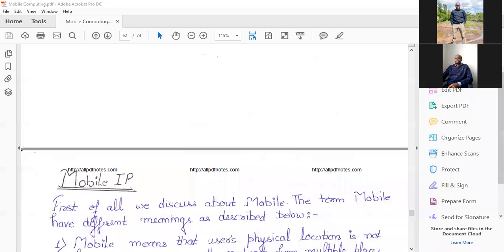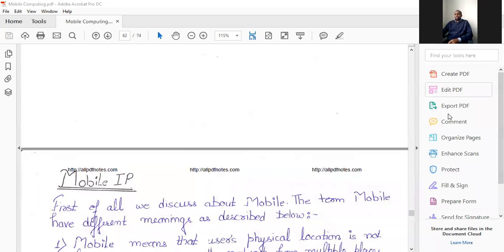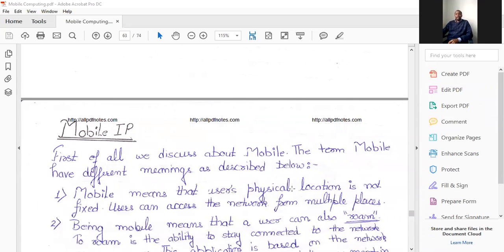The first thing that we probably need to do is define what an IP is. IP, what does IP mean? IP is Internet Protocol.